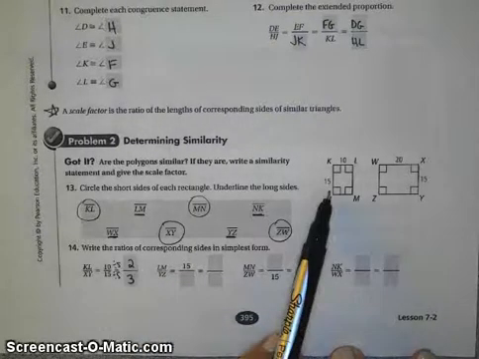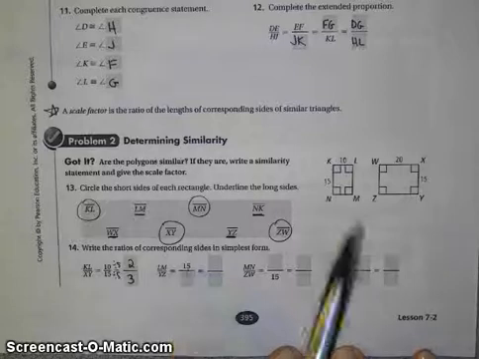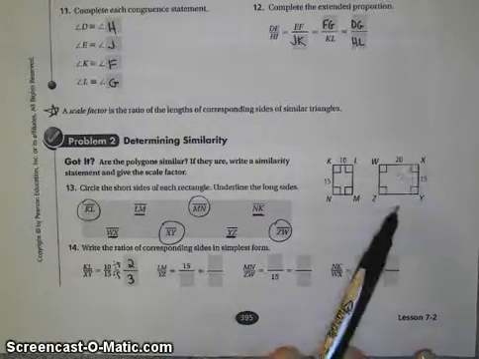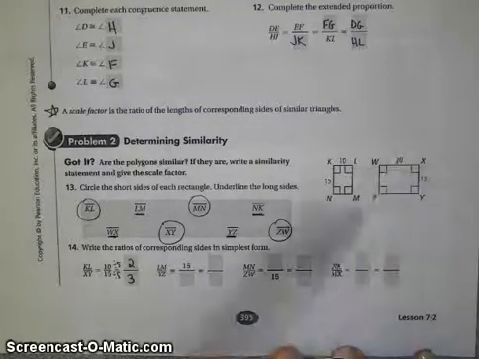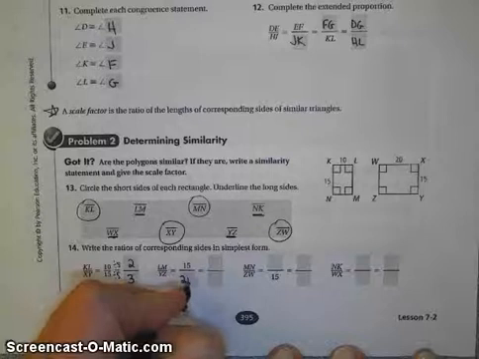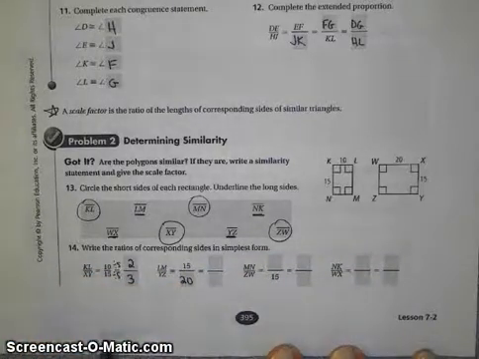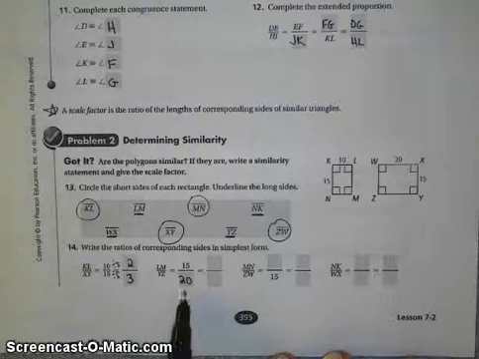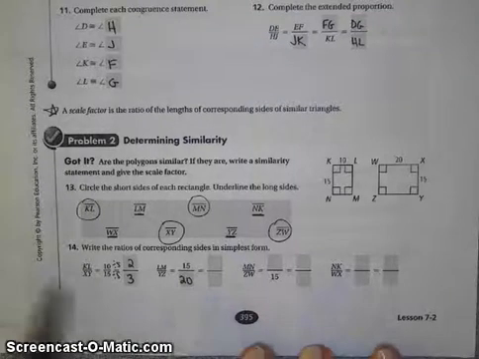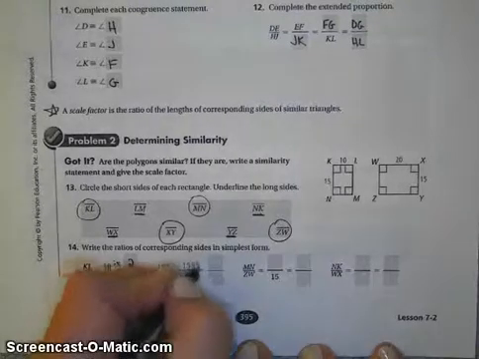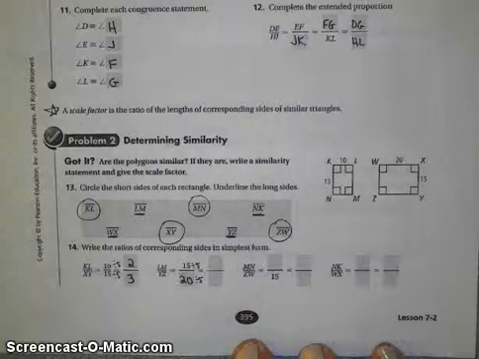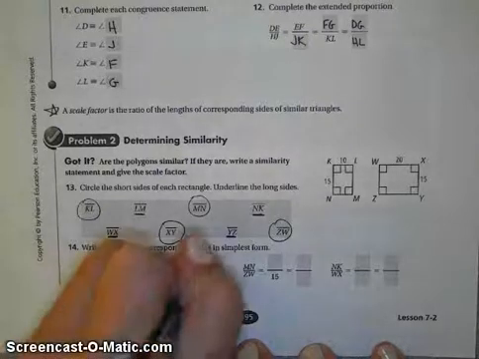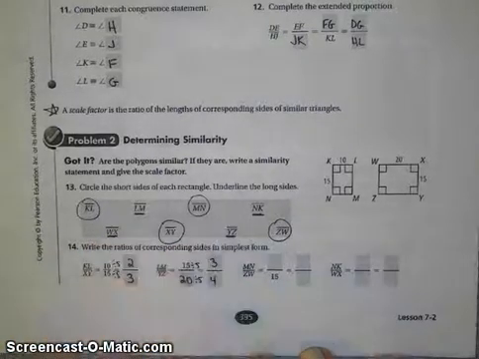LM corresponds to YZ. LM would be 15. YZ, since this is a rectangle, is the same as its opposite side, which would be 20. Again, you want to reduce to lowest possible terms. If we divide by 5, you get 3 over 4.